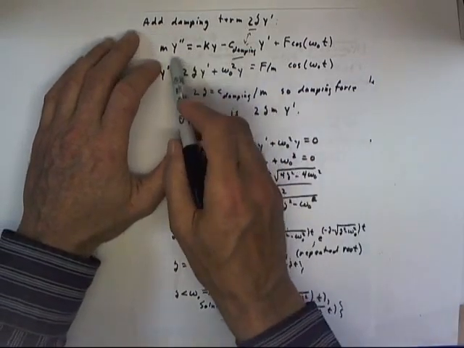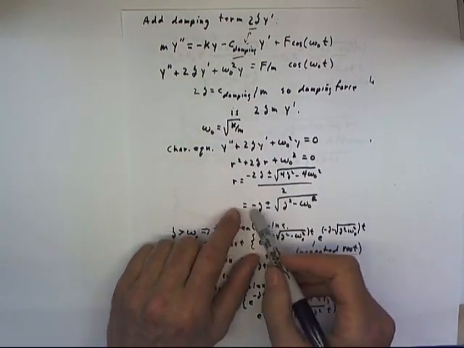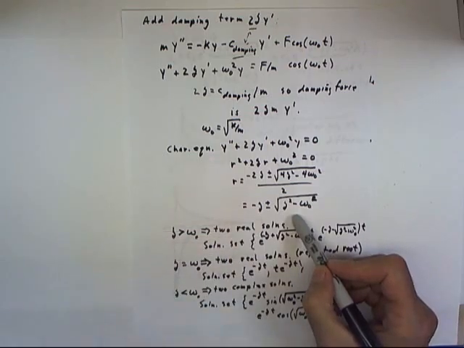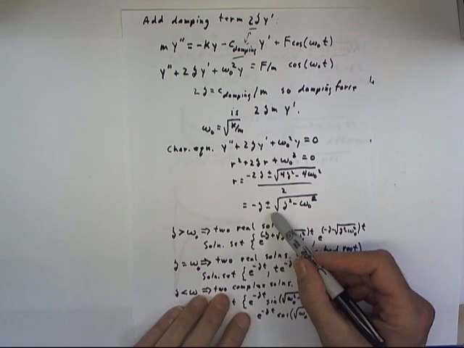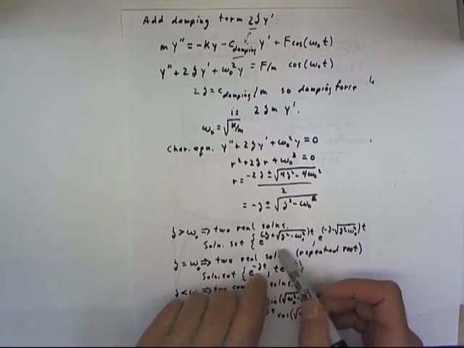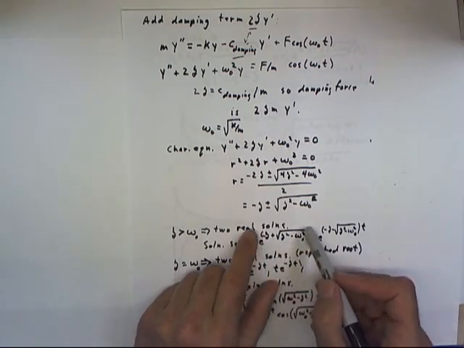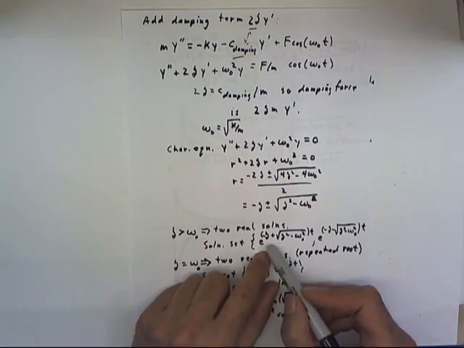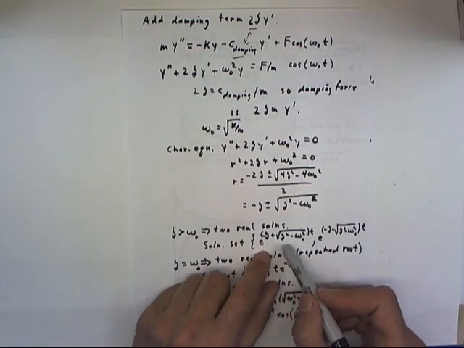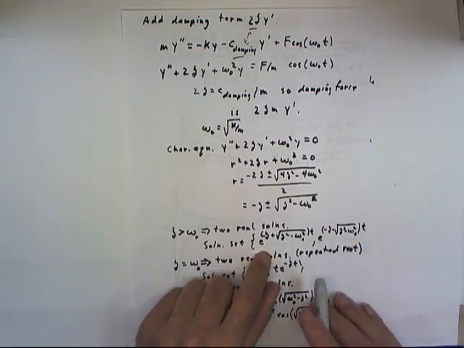Okay, recall that our original equation, when we solved the homogeneous equation, our characteristic solution, if delta was bigger than omega naught, our square root would be real, so that we get two real solutions with exponentials having negative coefficients of t, and we'll establish in a minute that both these coefficients are negative, one being negative delta plus the square root, the other being negative delta minus the square root.